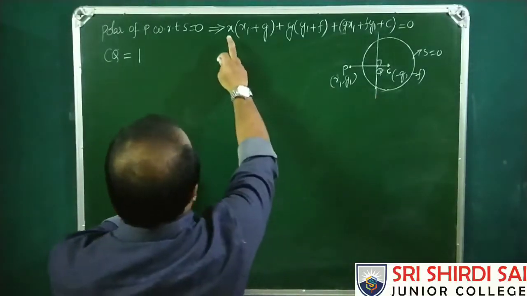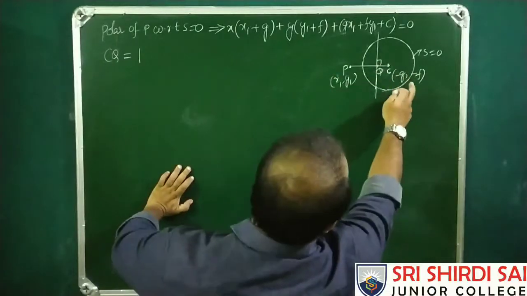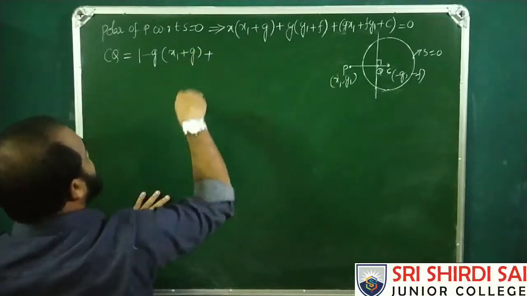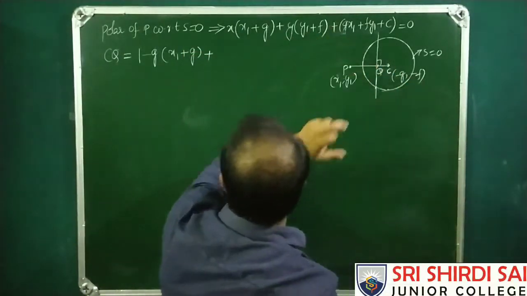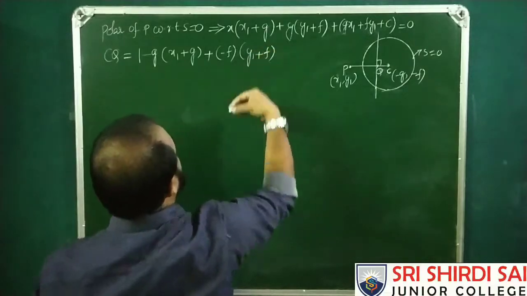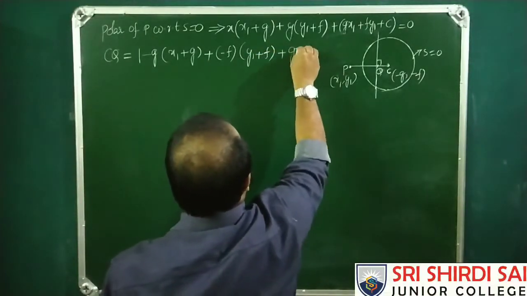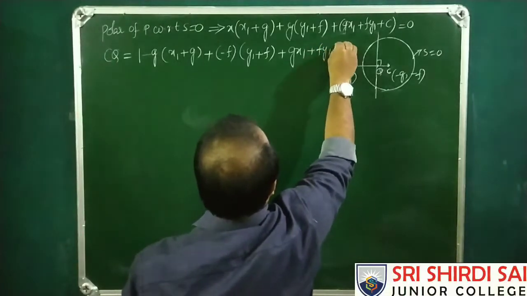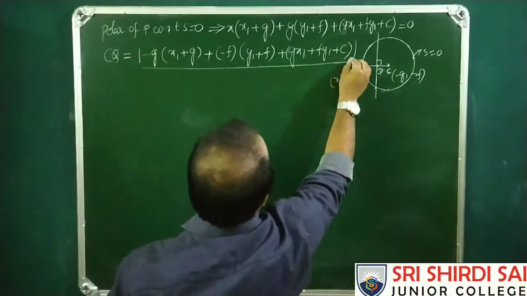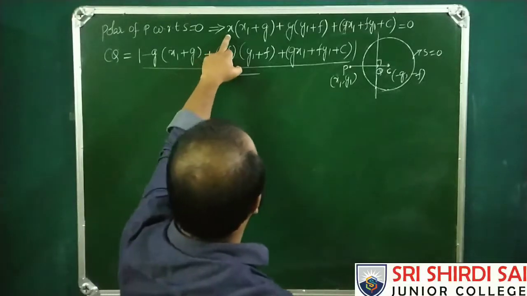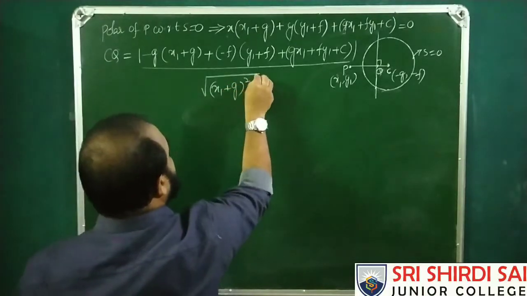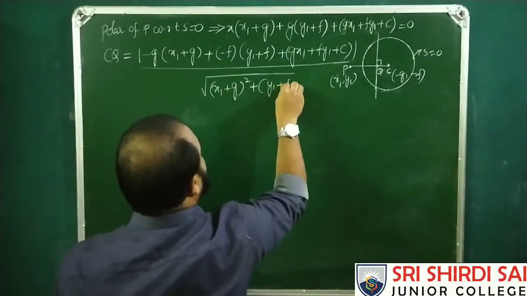So the x1 plus g into minus g, so minus g into x1 plus g, plus minus f into y1 plus f, plus gx1 plus fy1 plus c, by modulus, by square root of x1 plus g whole square plus y1 plus f whole square.